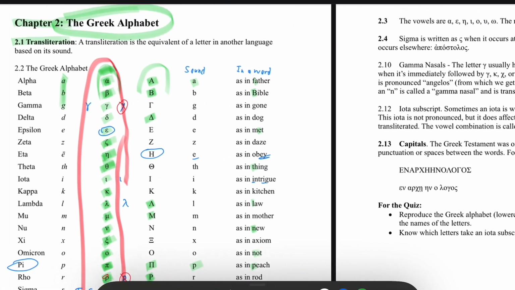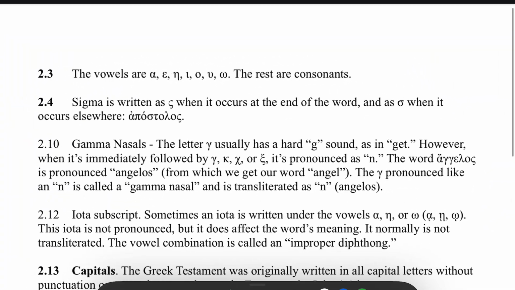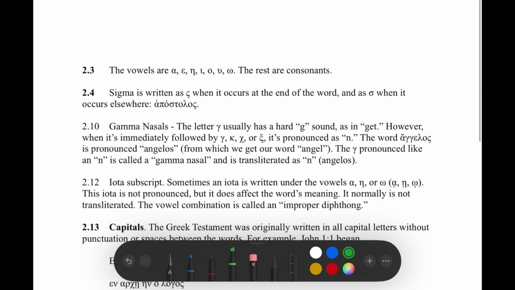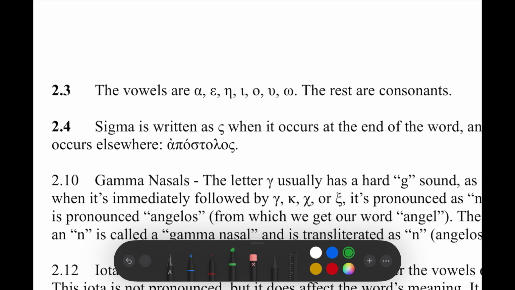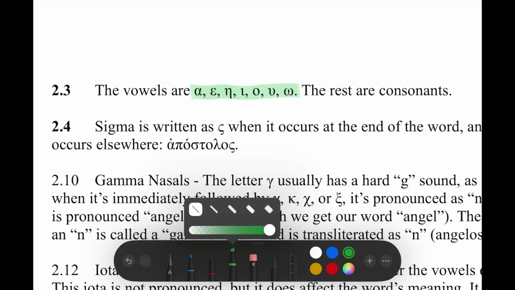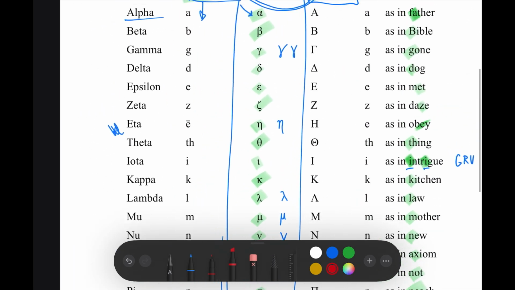All right, now we will jump over to discussing the vowels. There are 7 of them: alpha, epsilon, eta, iota, omicron, upsilon, and omega. So we'll go back through and just highlight where those are so that you can remember your vowels.